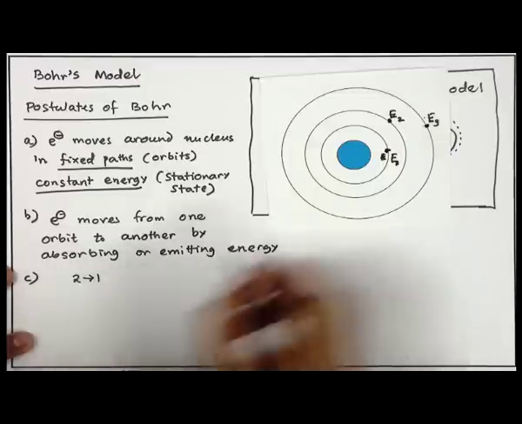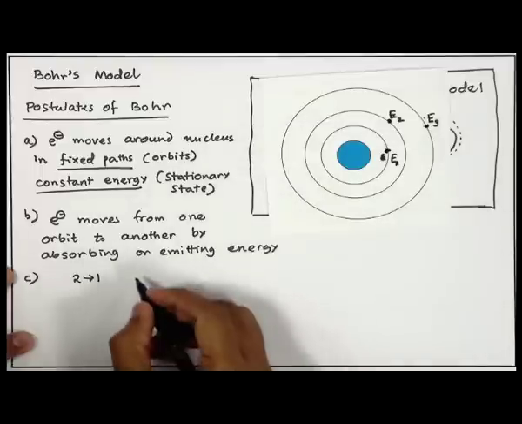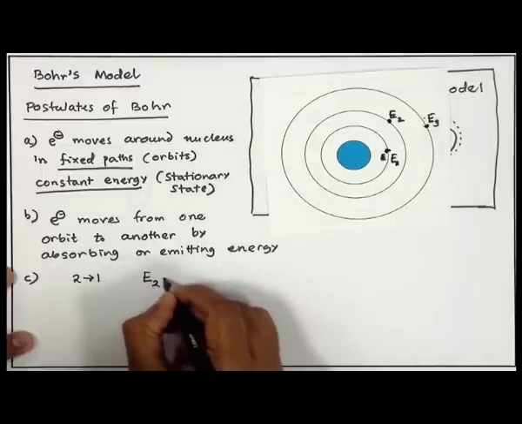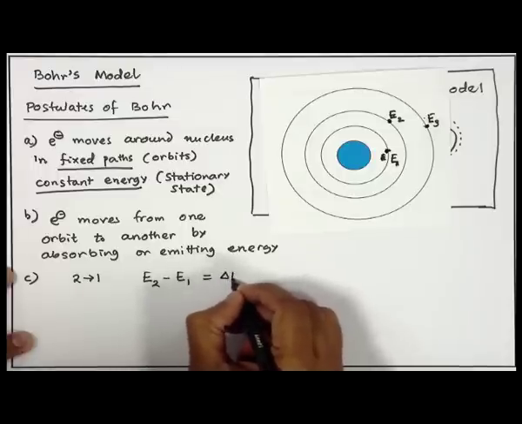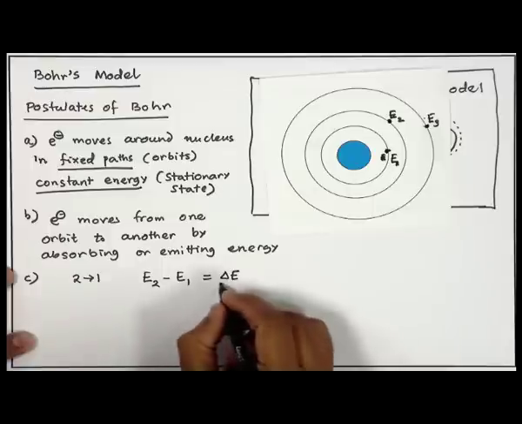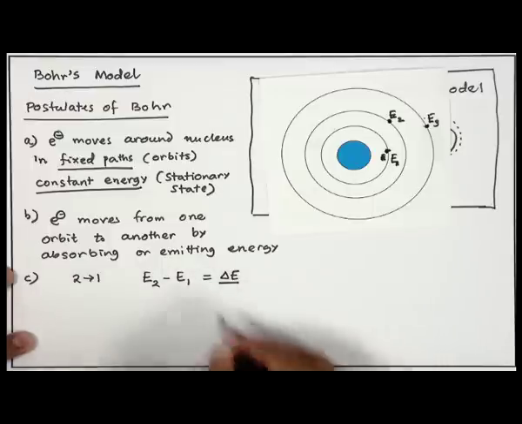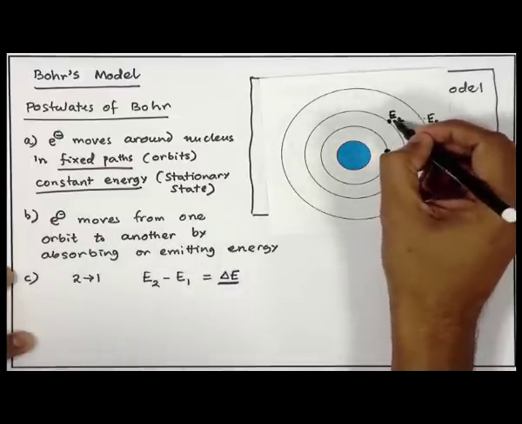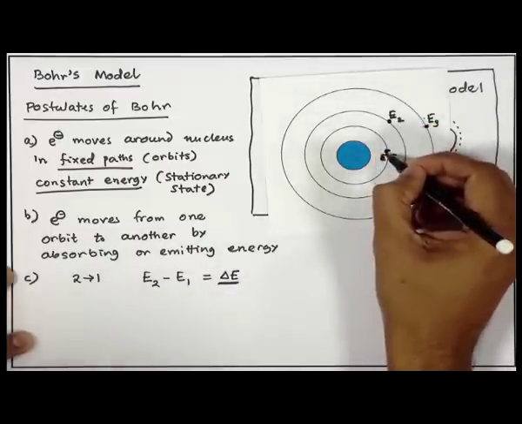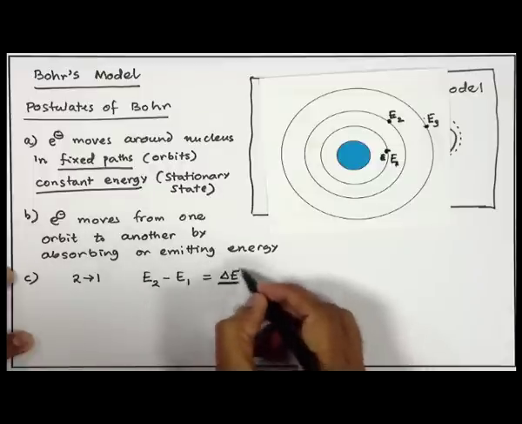So, for emission from stationary state 2 to stationary state 1, the energy difference between the two states is E2 minus E1, which let us call a fixed number, delta E. If the electron is coming from stationary state 2 to stationary state 1, this much energy it will emit.